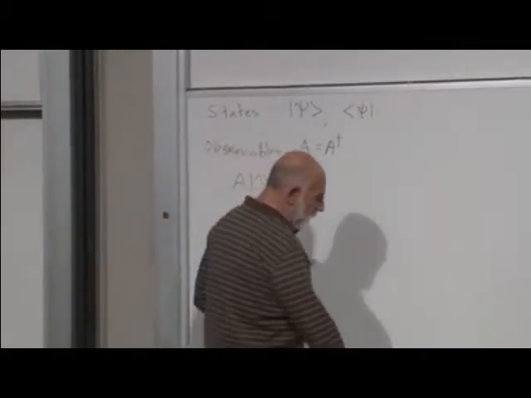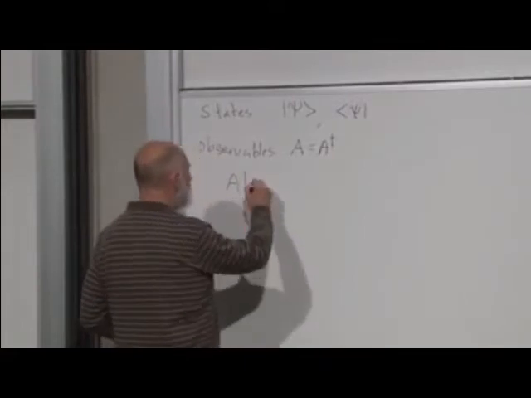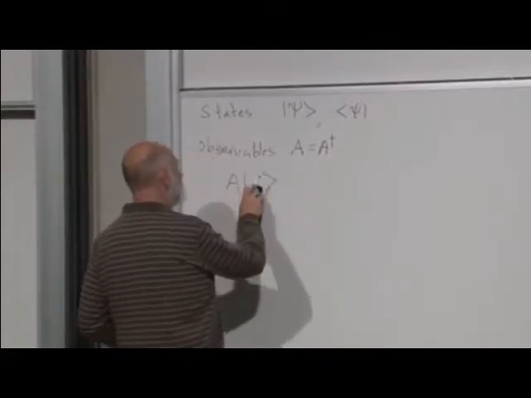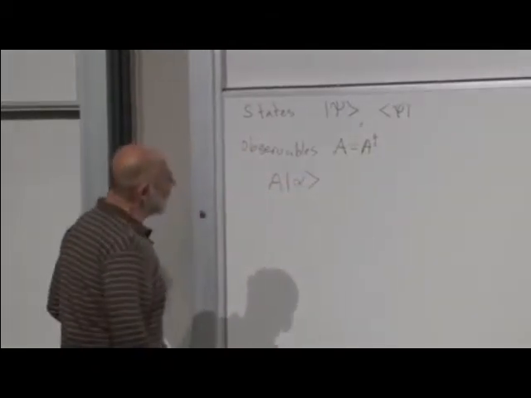Let's label the vector, let's label it little a, or better yet, alpha, since we want to label it with a Greek index.